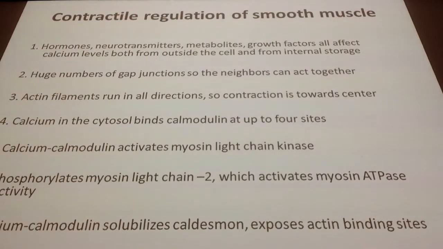Graded also means how many myosin binding sites in microfilaments are exposed. How is that controlled? As opposed to the striated muscles, as opposed to skeletal muscles and cardiac muscle, smooth muscle cells don't have tropomyosin. They have caldesmon, which performs the same function as tropomyosin. Caldesmon would cover the myosin binding sites.